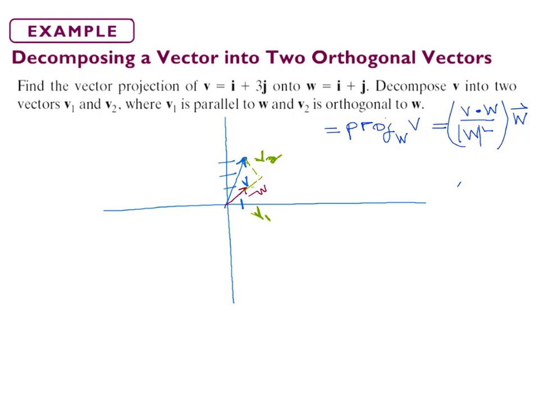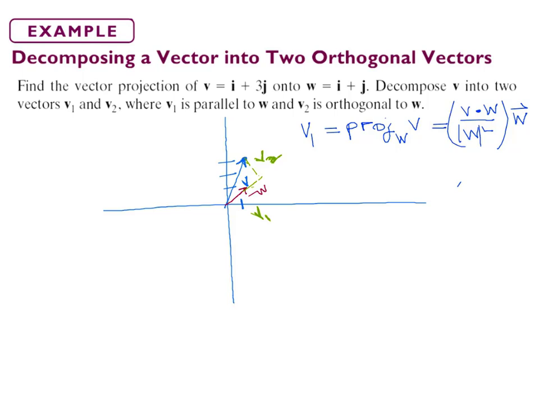Which vector, Delaney? No, that's going to give me v1, because the projection of v onto w is v1. Does that make sense? Okay, good.